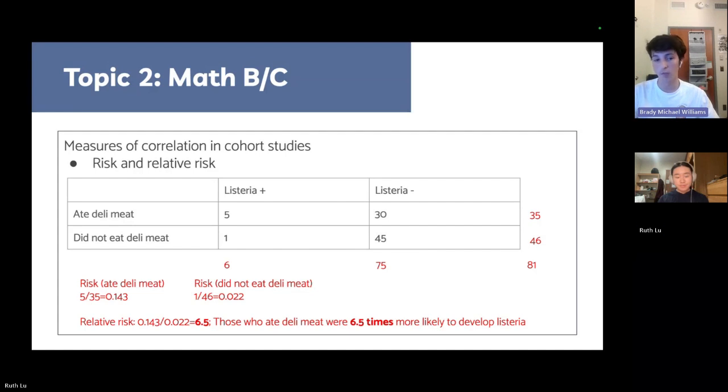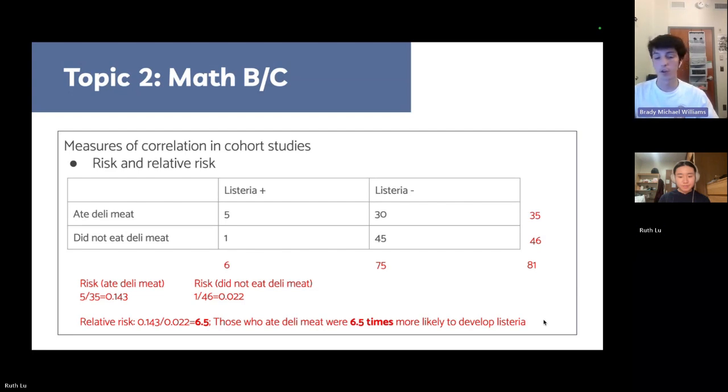All we're doing is taking the risk for being exposed and putting that over the risk for being not exposed. So we do 0.143 over 0.022 and we get 6.5. The way we interpret that is those who ate the deli meat, those who were exposed, were 6.5 times more likely to develop listeria, 6.5 times more likely to get the disease.